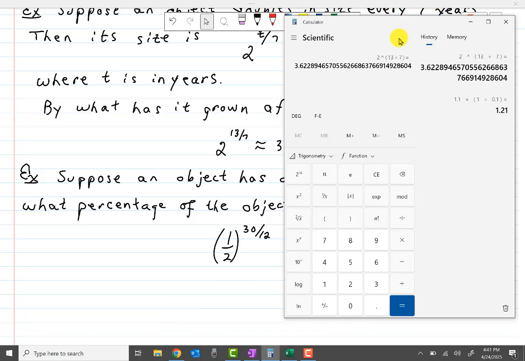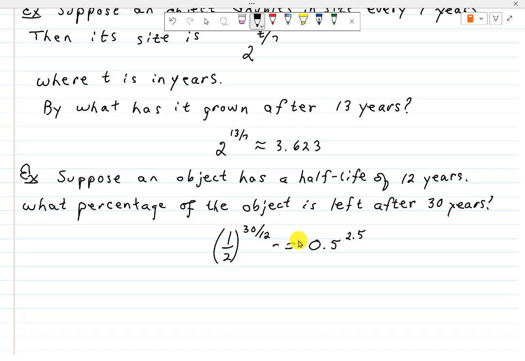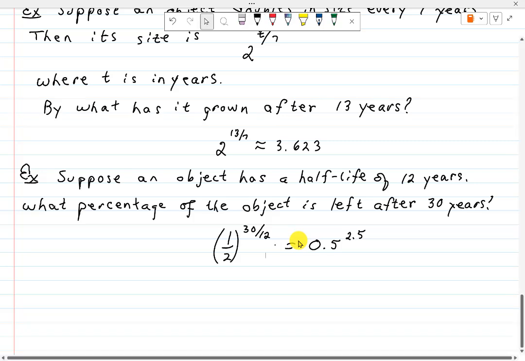So I'm going to do 0.5, and then I'm going to raise this, and I need a parenthesis, so parenthesis 30 divided by 12, end my parenthesis, and hit enter. If I go 3 decimal places, I have 0.1768.